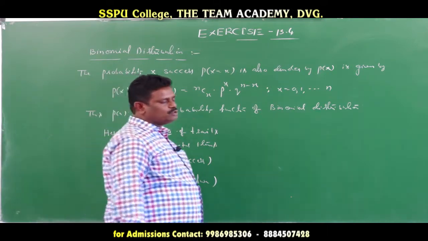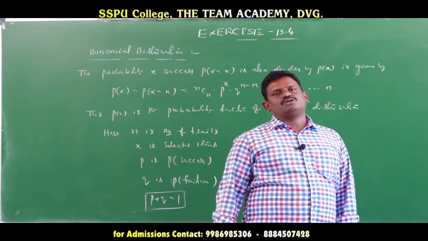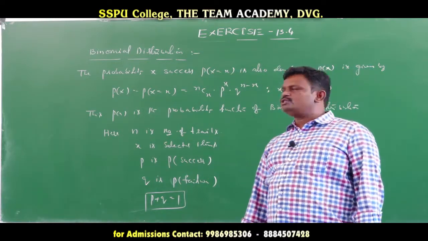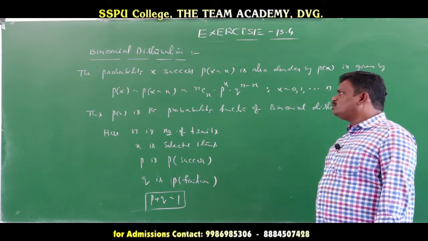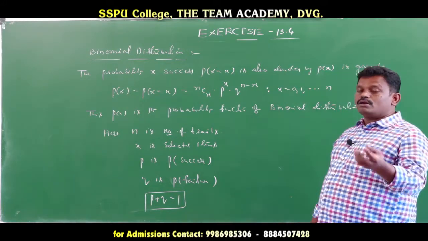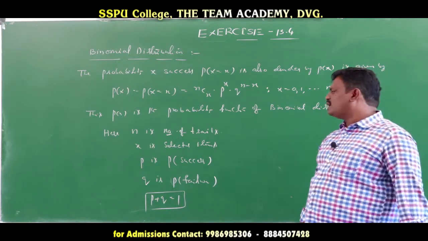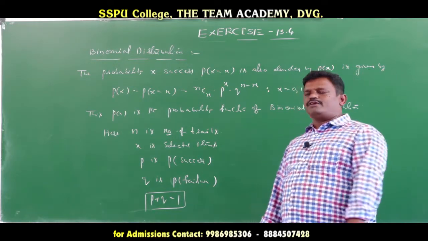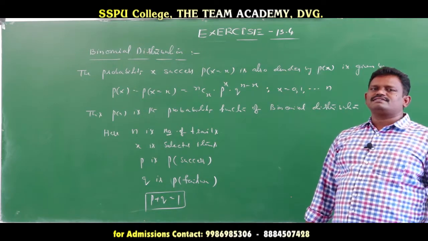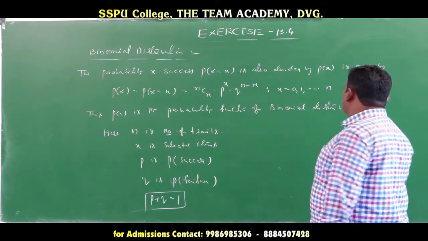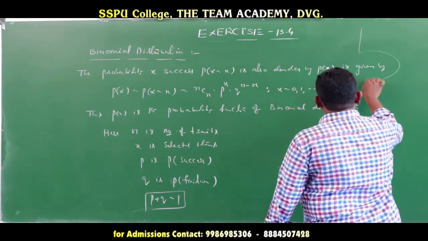This is the binomial distribution formula: probability of x equal to small x is nCx into p power x into q power n minus x, where x is the selected success items, n is the number of trials, p is the probability of success and q is the probability of failure.